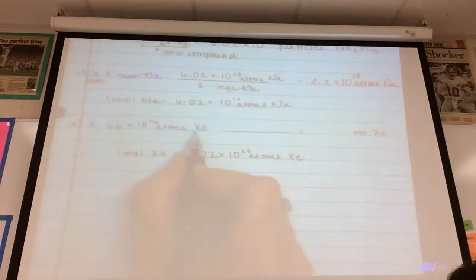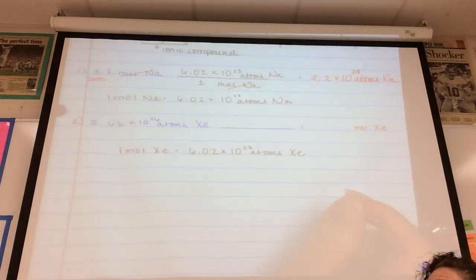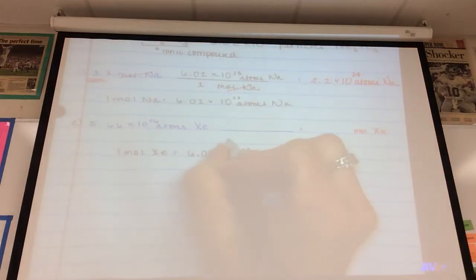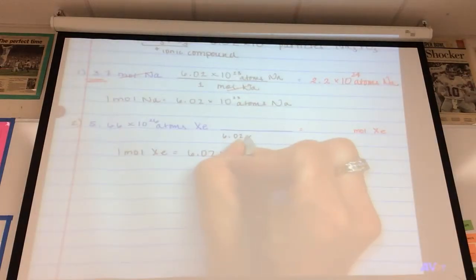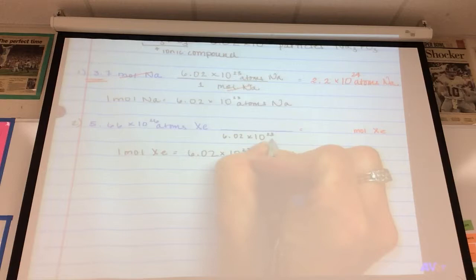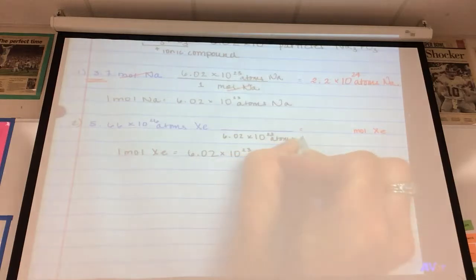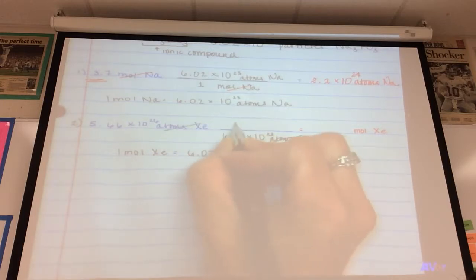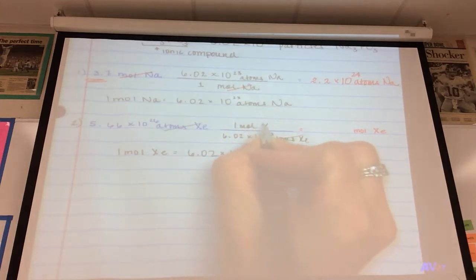You've got atoms of xenon here. So which quantity goes in the denominator of that fraction? Avogadro's constant, so that the atoms of xenon will cancel. And then 1 mole goes on top.